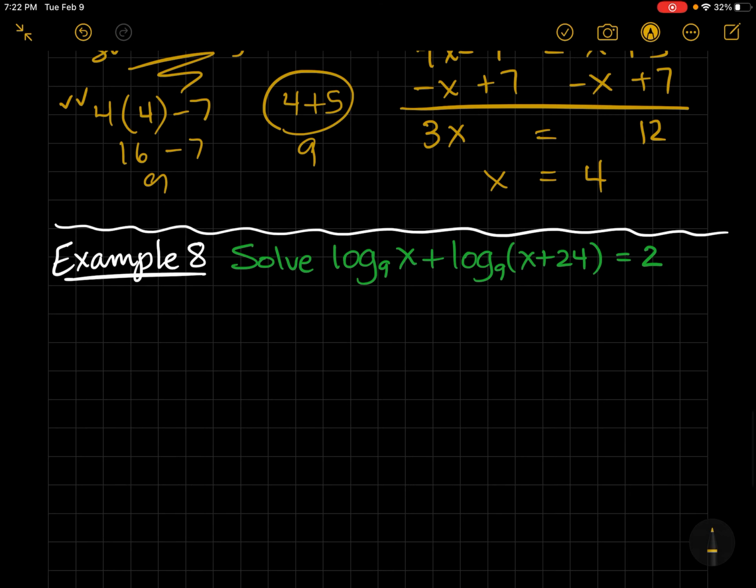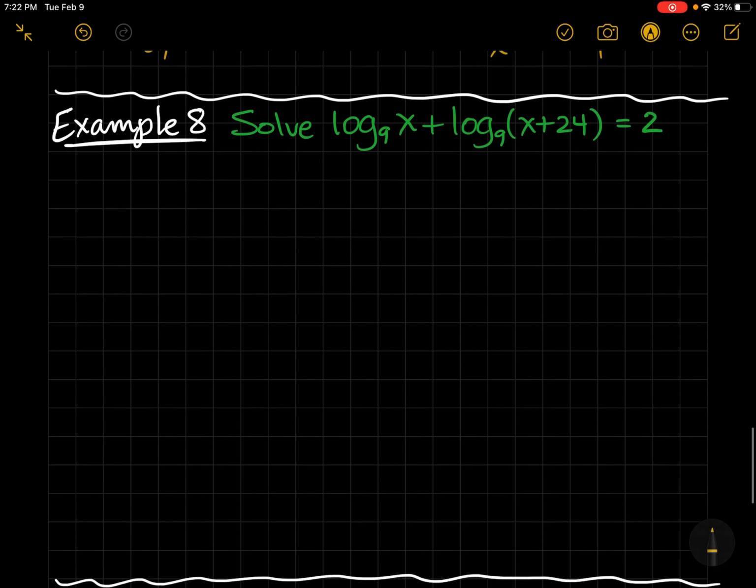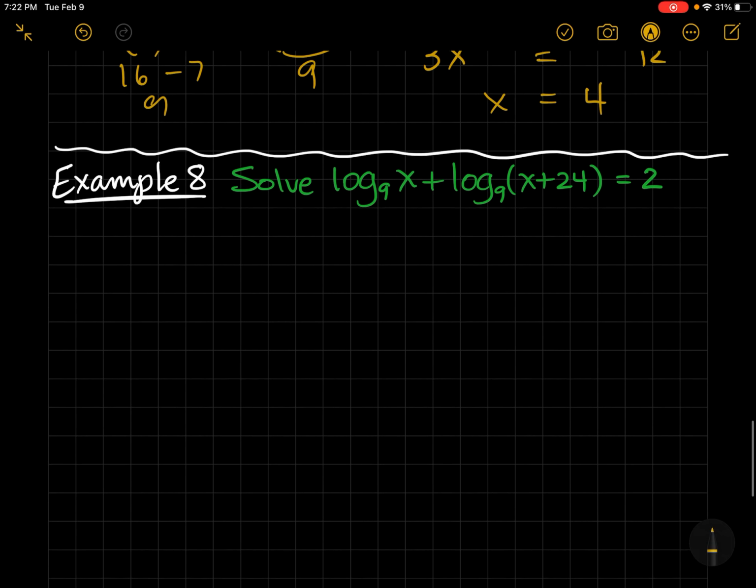Alrighty, let's look at this problem right here. We want to combine these to a single log, so I'm going to multiply these two together since they're the same base. So I have log base 9 of x times x plus 24.